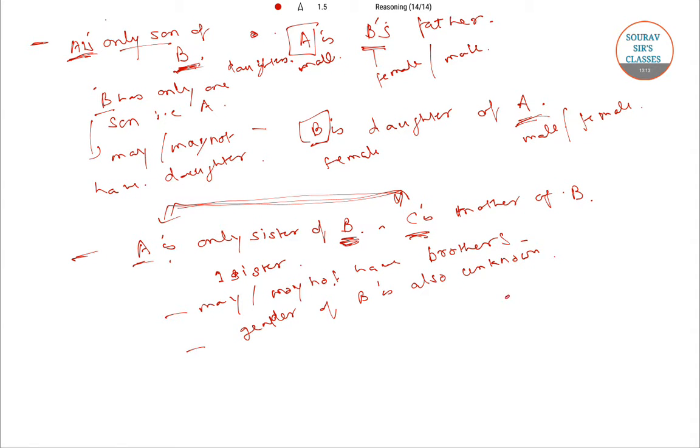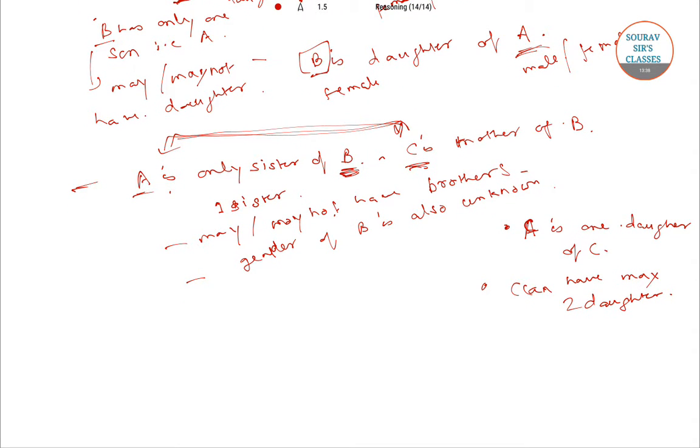So C has one daughter, that is A is one daughter of C. C can have maximum two daughters.